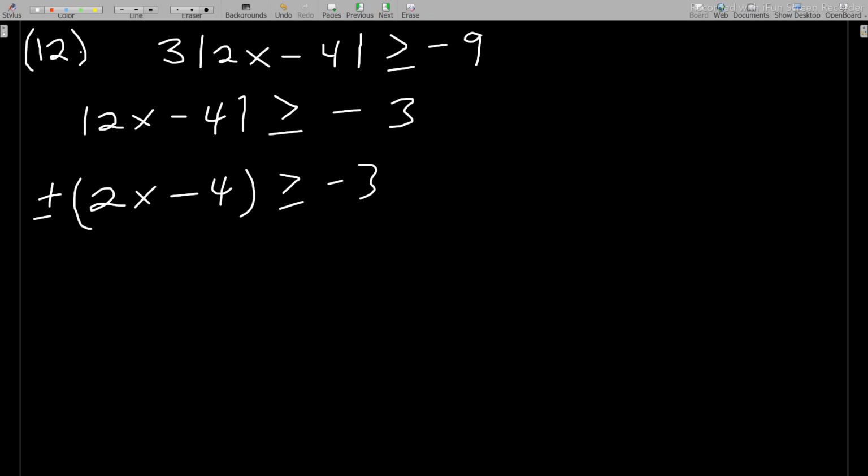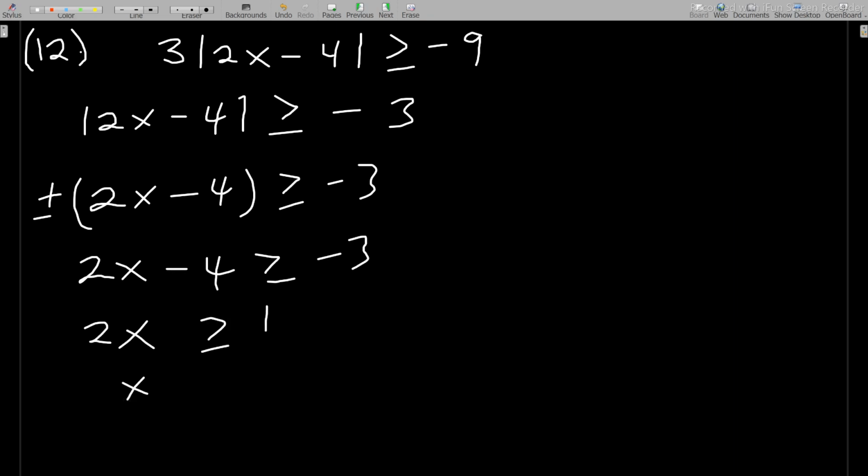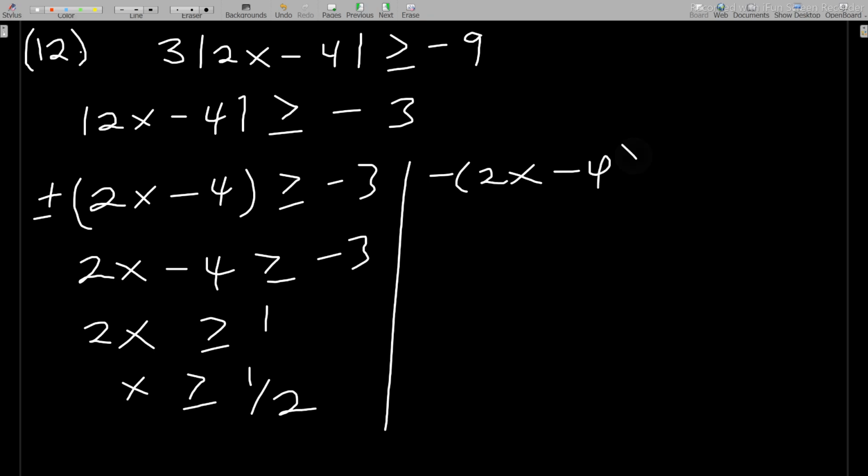I hope you can see, but let's try and solve this and see. With the positive one, I have 2x minus 4 greater than or equal to negative 3. So I have 2x greater than or equal to negative 3 plus 4, which is 1. So x greater than or equal to what? Half. Now with the other one, negative times 2x minus 4 greater than or equal to negative 3.